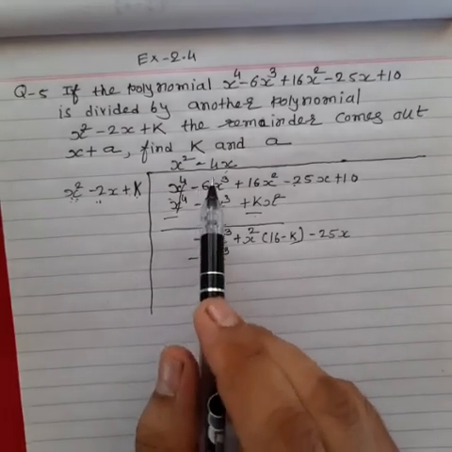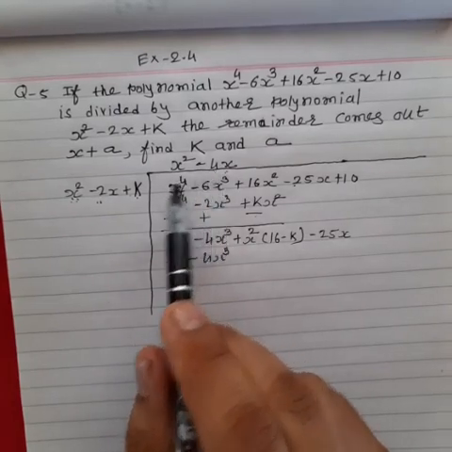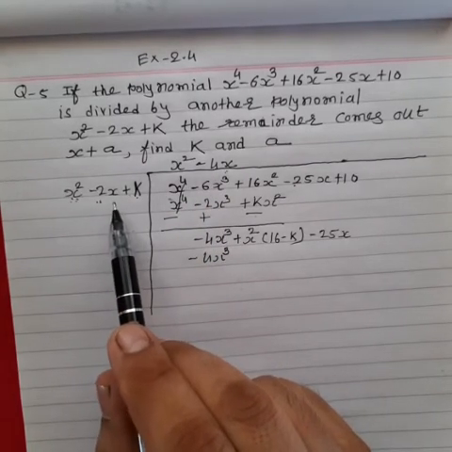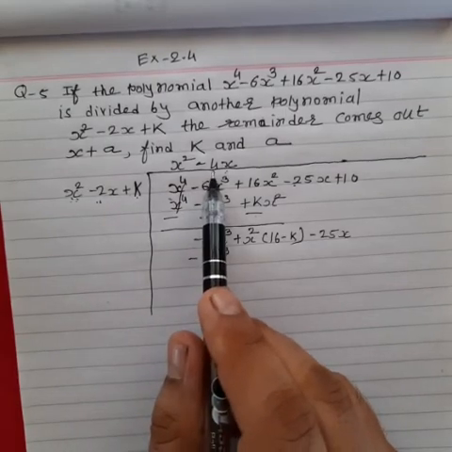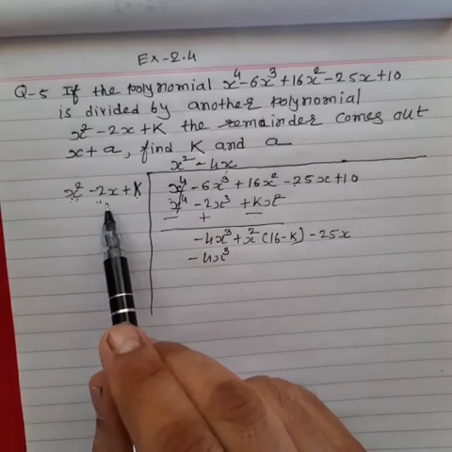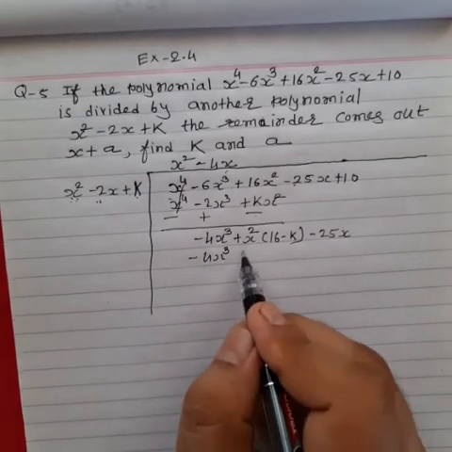Same way, minus 4x into minus 2x will be plus 8x square.